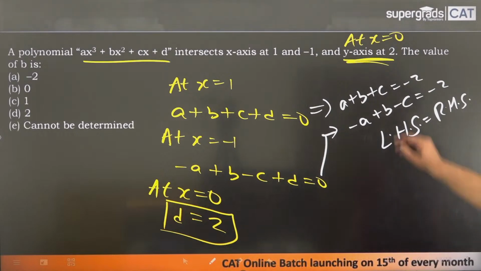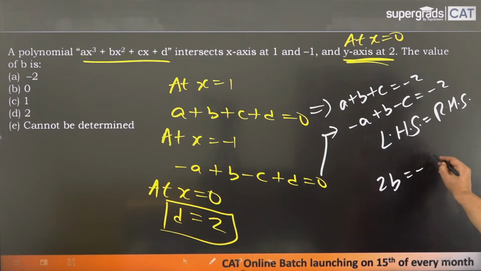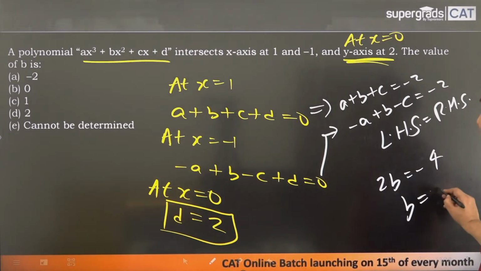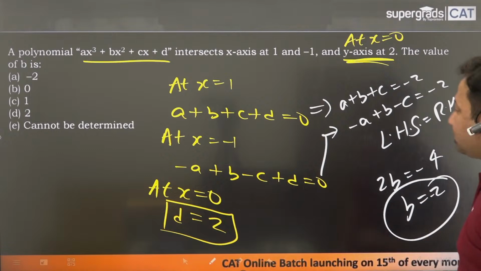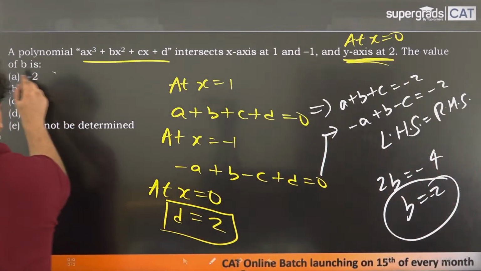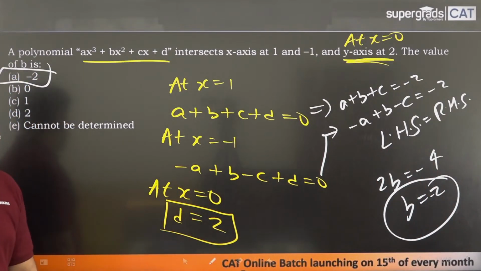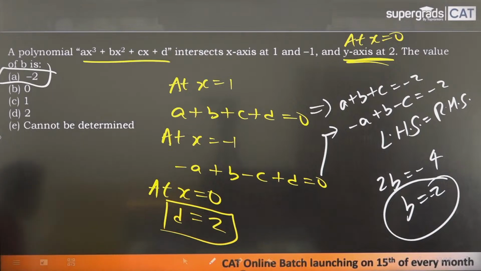Moreover, we can do one more. We just add these two. If I add these two, A and C get cancelled. We have 2B is equal to minus 4, which means B is equal to minus 2. And having said that, A is correct, which means Tanu is also now correct. Earlier she had written B. Cool.